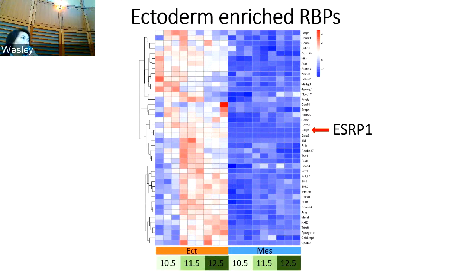Here is a heat map showing the highly enriched ectoderm intron binding proteins. Clearly, ESRP1 shows up here, and besides ESRP1, we see a lot of other intron binding proteins highly enriched in ectoderm. I will come back to these later.